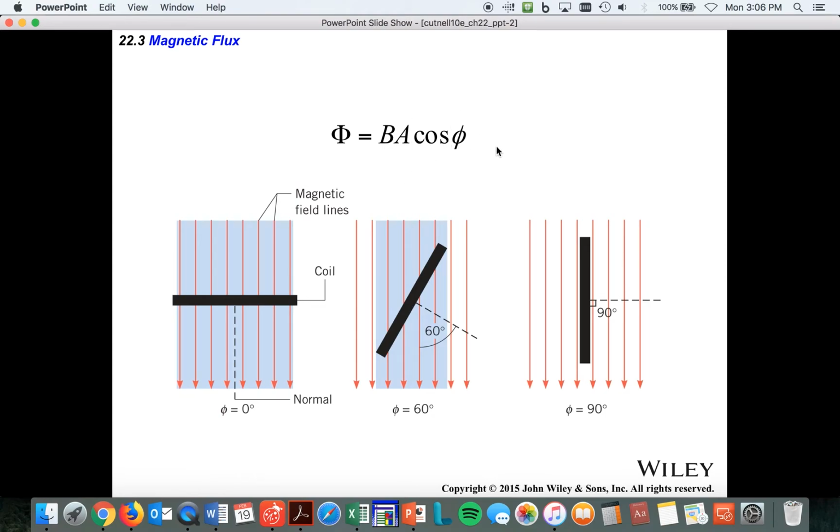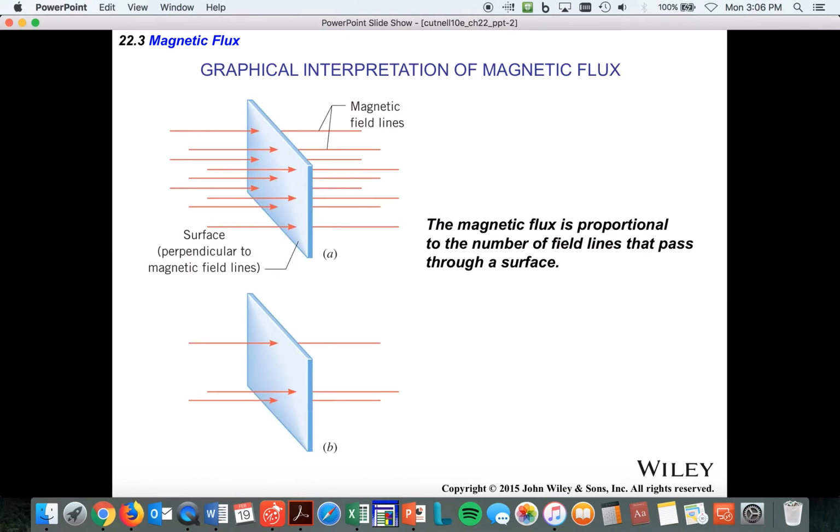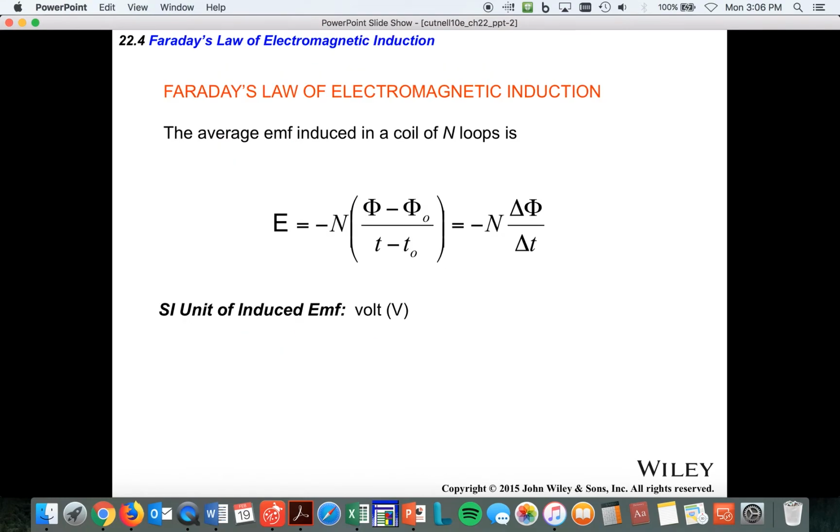Boy, is that a conceptual question or what? So there we go. Faraday's law of induction: the EMF is equal to the change in flux over the change in time. This is where we started the whole thing. We are more than halfway through this chapter already, and it all combines the same big idea.